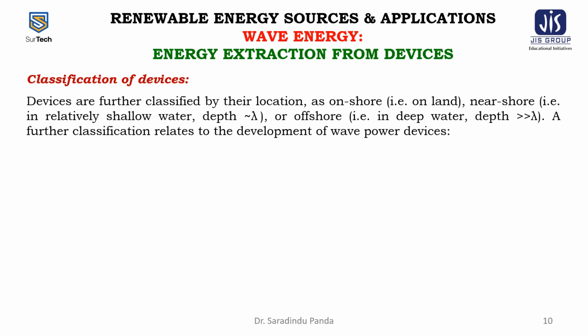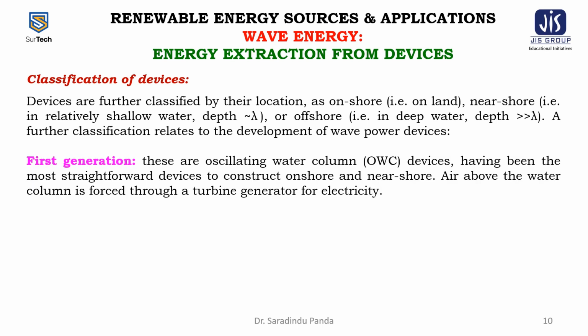A further classification relates to the development of wave power devices: first generation, second generation and third generation devices. The first generation devices are oscillating water column, that is OWC, devices, having been the most straightforward devices to construct for the onshore and near shore cases.